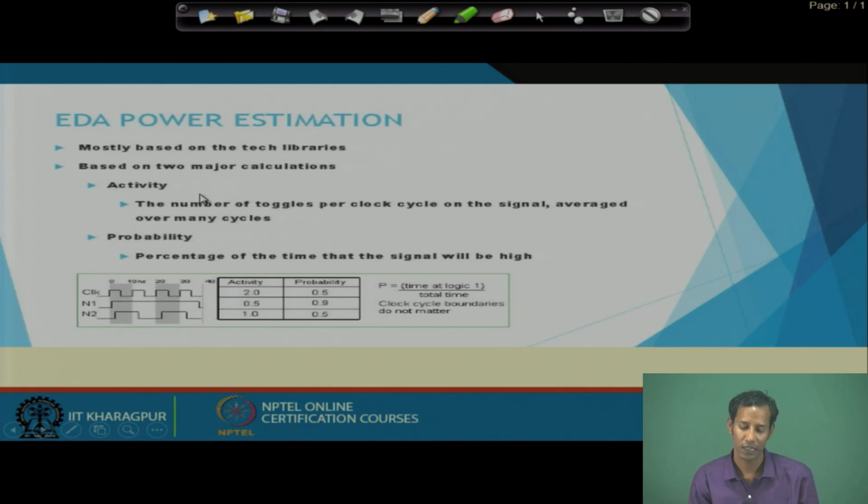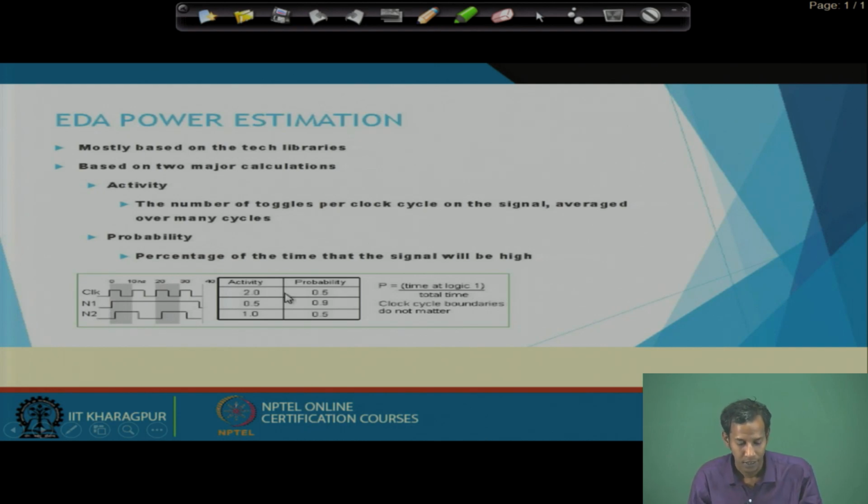Of your total circuit. This is a rough estimation done beforehand, but the actual power consumption is what happens when you develop the IC and get it in physical form. Okay. So, suppose we have one clock signal of period, let us say, 10 nanoseconds, and we have two signals N1 and N2.